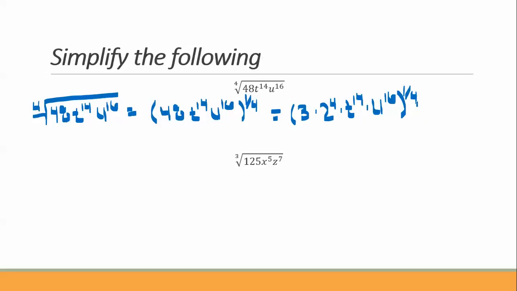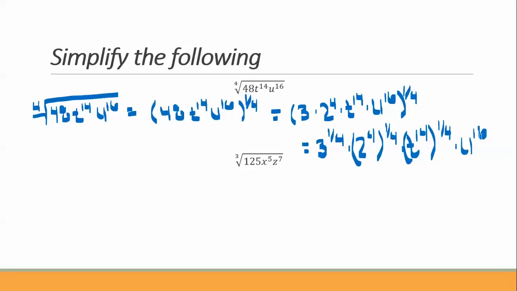And this can go into all of these, because that property says that if it's all to the 1/4 power and it's multiplied, we can make them all to the 1/4. So that's 3 to the 1/4 power times 2 to the 4th to the 1/4 power times t to the 14th to the 1/4 power times u to the 16th to the 1/4 power.